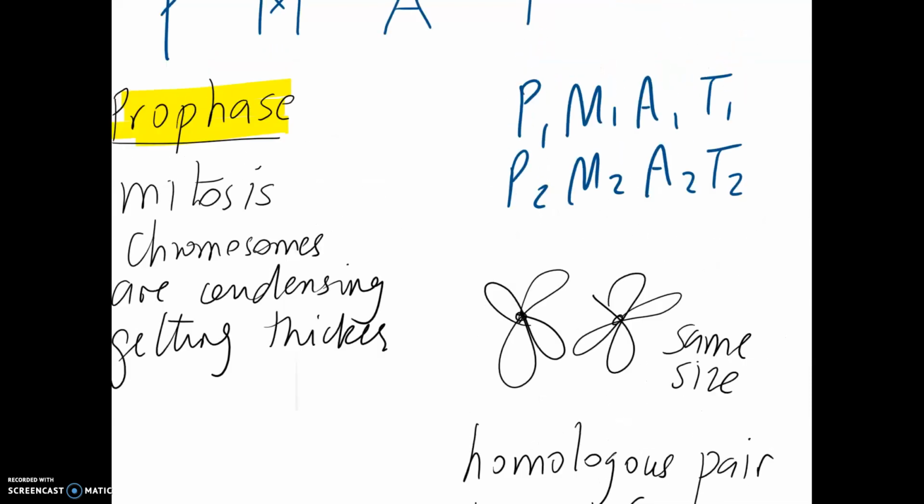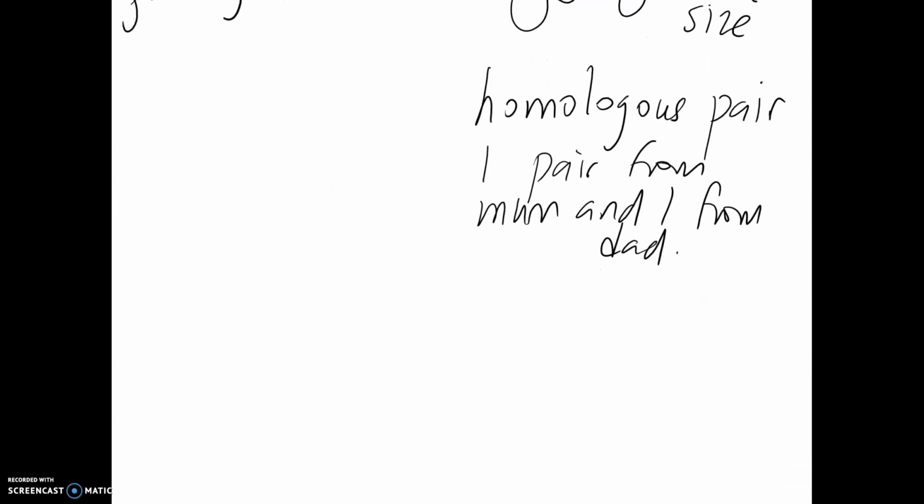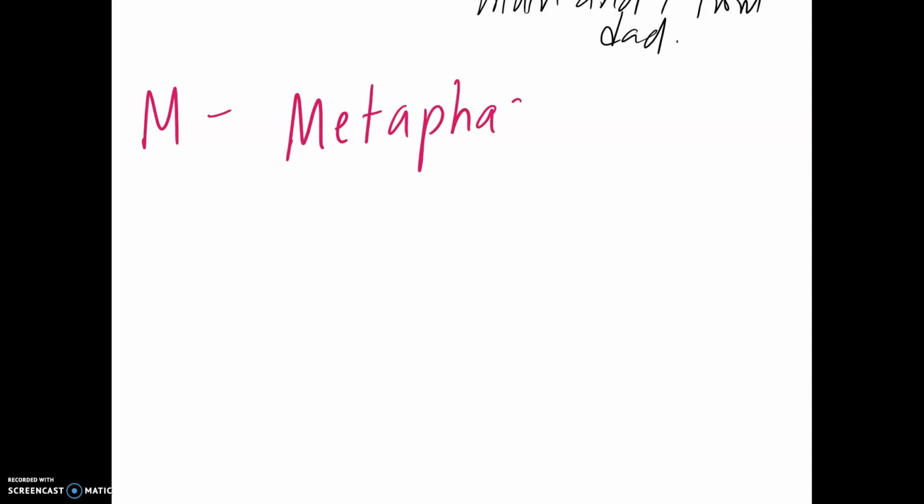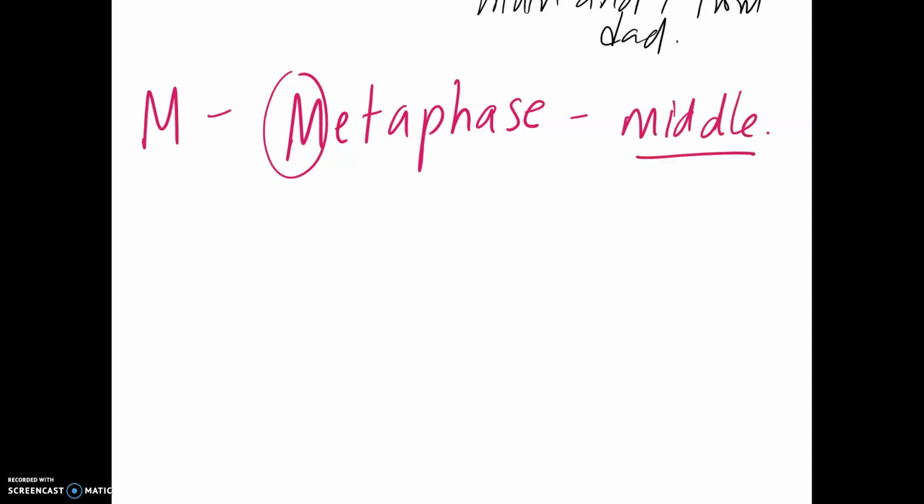Let's look at the M. The M stands for metaphase. The way to remember M is middle, because all the chromosomes align in the middle, as the nuclear membrane has already been broken in the previous stage.